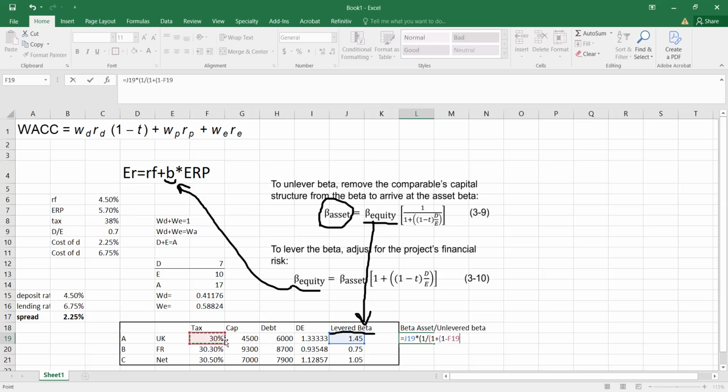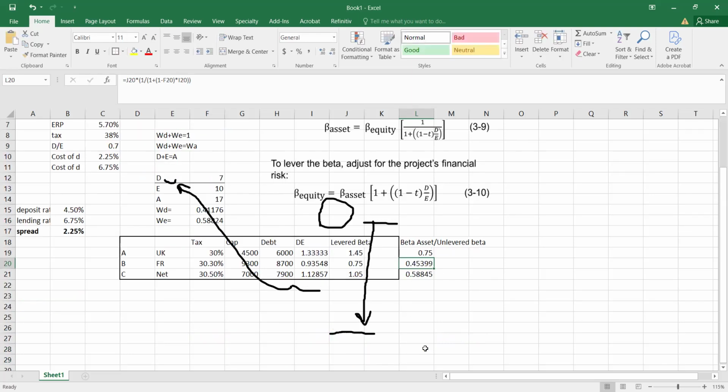Close the bracket, and this multiplied by the debt equity ratio of the relevant company, which you already calculated, and close the bracket again. So that will give you the beta asset or unlevered beta for the comparable company for UK. And I just pull it down, because I put all these variables into this formula, and I just drag it down and it calculates everything for me.